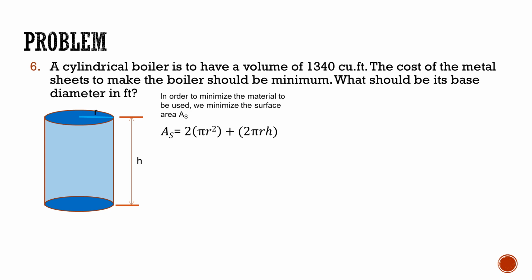Okay, so yung circumference is 2 pi r. No? Kapag binuklat mo yan, parang rectangle lang yan. At yung length niyan is actually 2 pi r because it circulates on the circumference of the circle. That is why the second term is 2 pi r times h. Note that surface area is to be minimized this time.